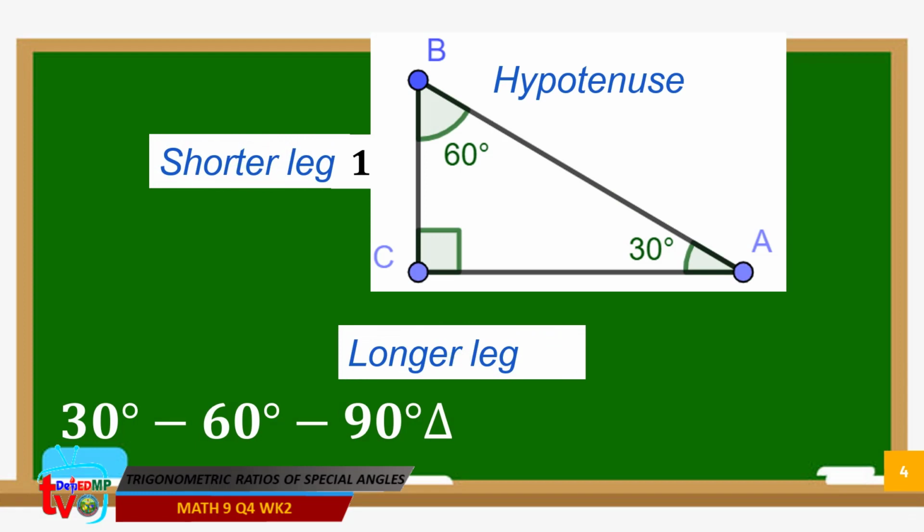Let us explore the properties of a 30, 60, 90 triangle, triangle ABC, with a shorter leg of 1. If the shorter leg is 1, what do you think is the length of the hypotenuse?